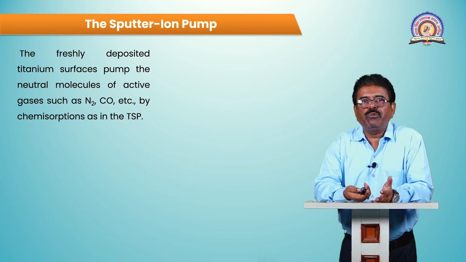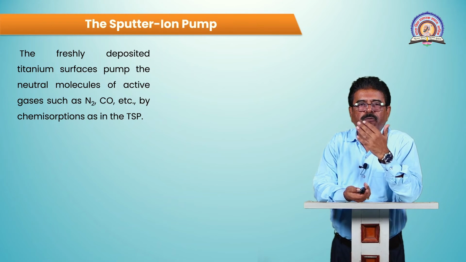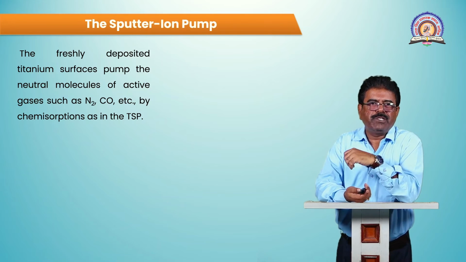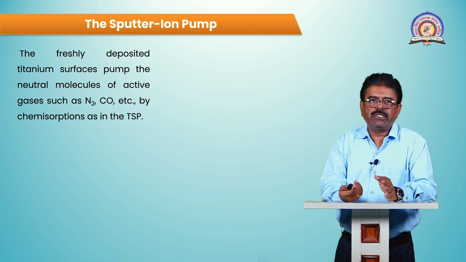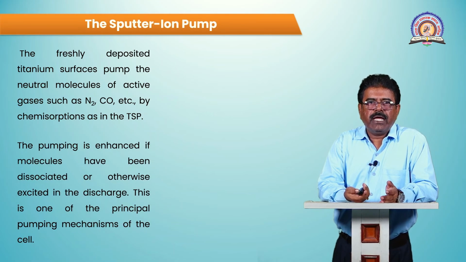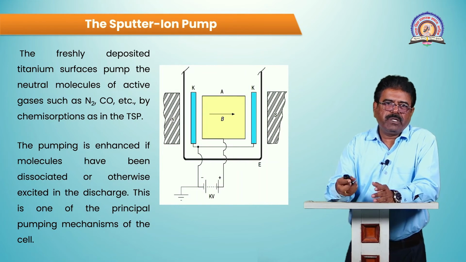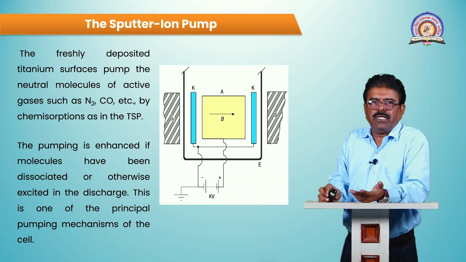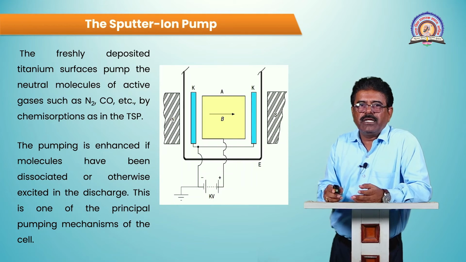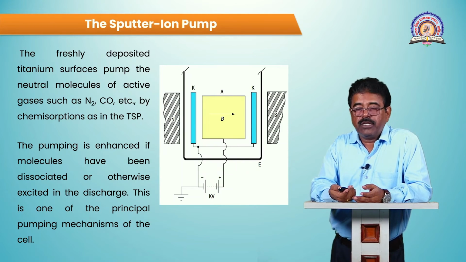The freshly deposited titanium surfaces will pump the neutral gas molecules. The active gas species like nitrogen, carbon monoxide, etc., will be adsorbed by the titanium material and will be efficiently pumped. The pumping is enhanced if the molecules have been dissociated or otherwise excited in the discharge region.